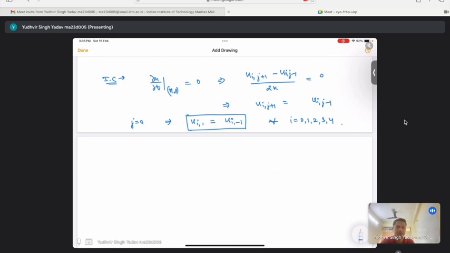Now we will write the explicit three time level formula.